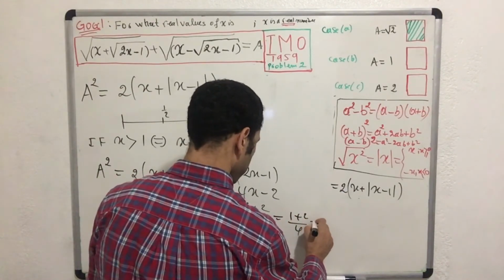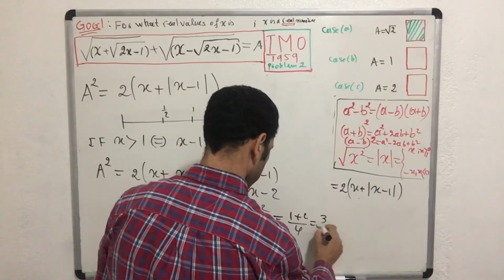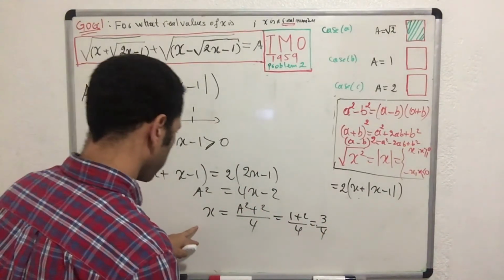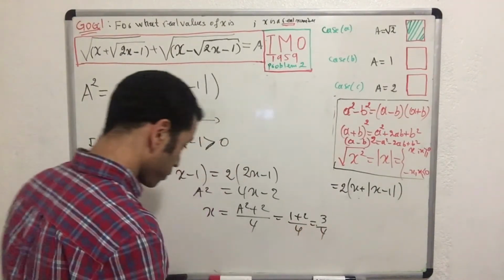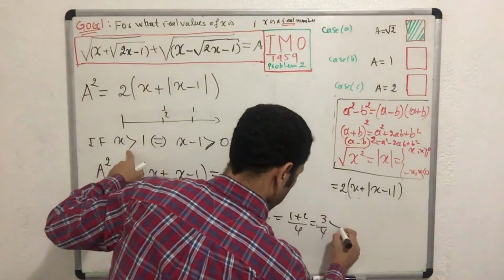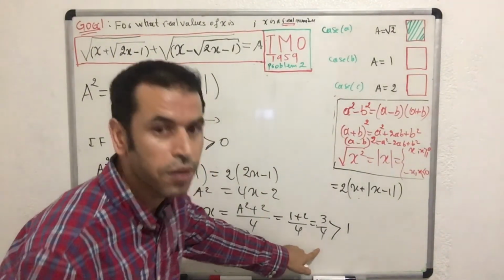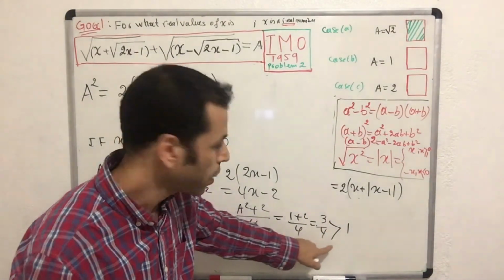Okay, 3 over 4. Now x equal 3 over 4. We know x is greater than 1, right? This is impossible. 3 over 4 is less than 1, not greater than 1.